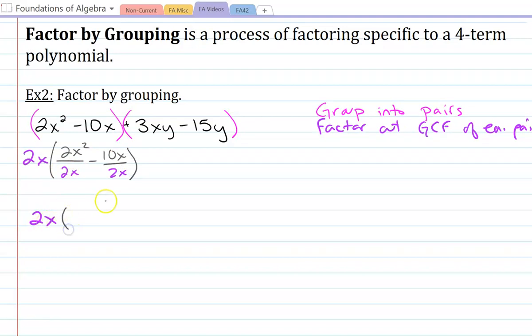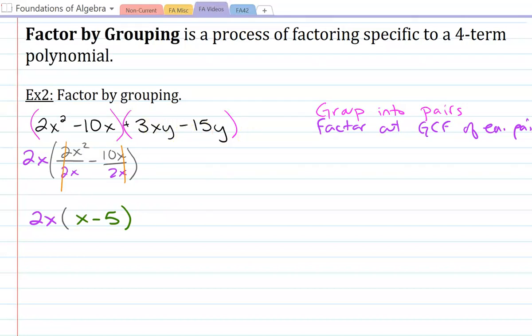So we get our GCF of 2x, and then the leftovers here would be x minus 5, right? Because anything over itself is 1, so the 2's over 2's is 1, and the x's over x's is 1. And now the same thing for the second pair.